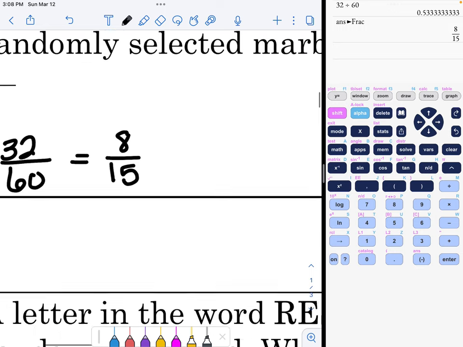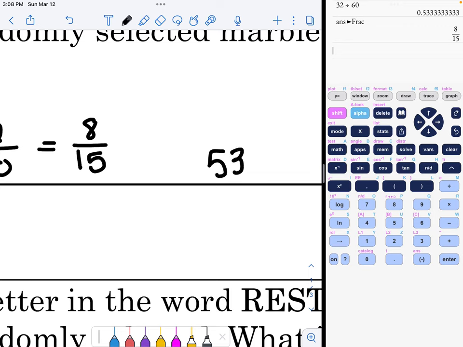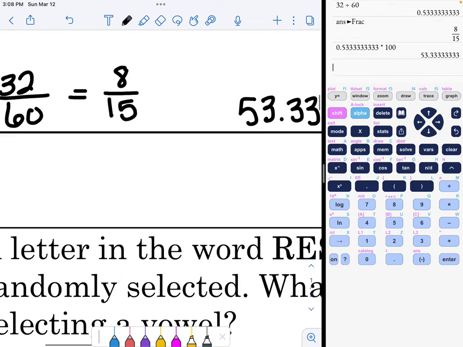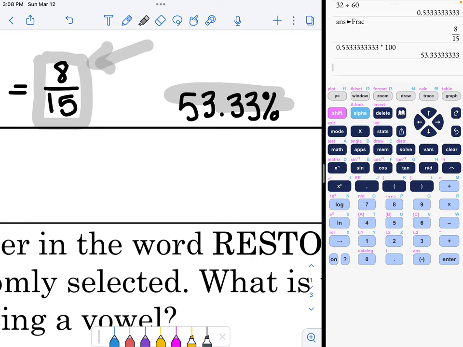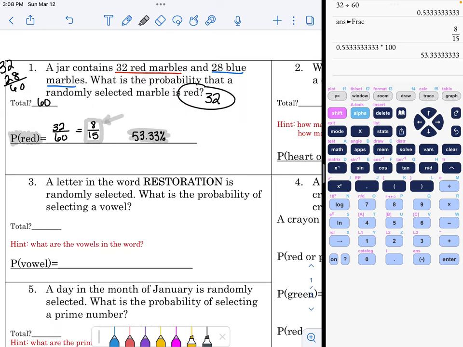Again, as a percent, it would be 53.33%. If you multiply this top number on my calculator by 100, that will change it to a percentage if you're interested in doing that. So we need to definitely be able to make a reduced fraction today. This is the goal today. If you can also change it into a percentage, that's even better.